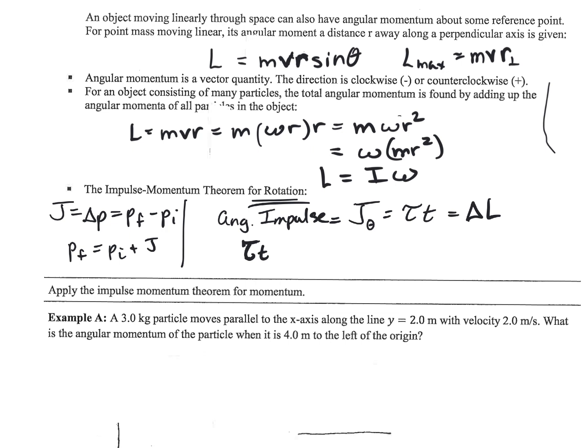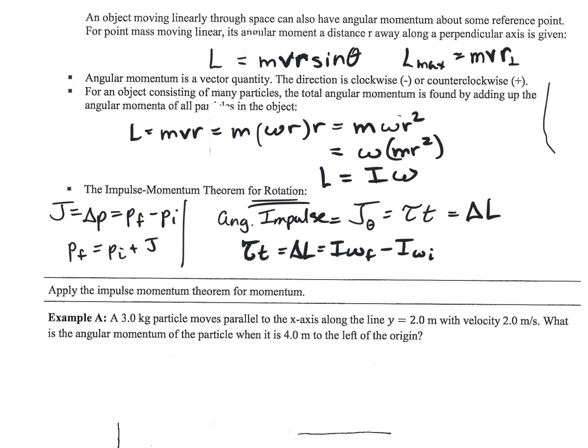Be careful. Is equal to delta L, which is I omega final minus I omega initial. What that means is that we have to have some sort of torque impulse to have a change in angular momentum. Why is this important?